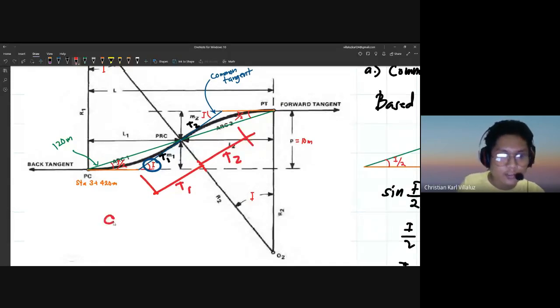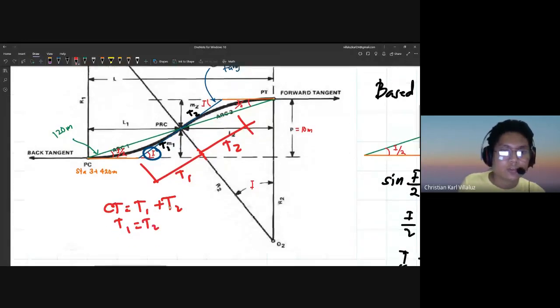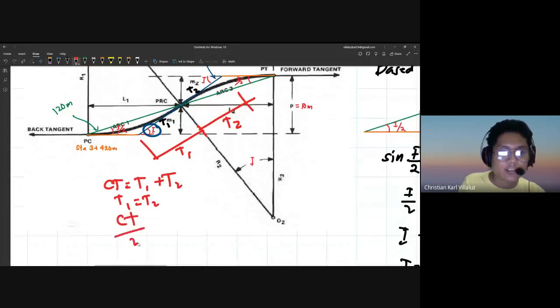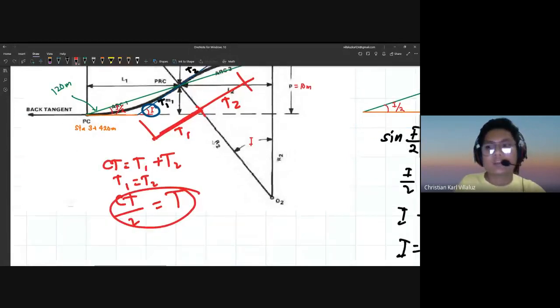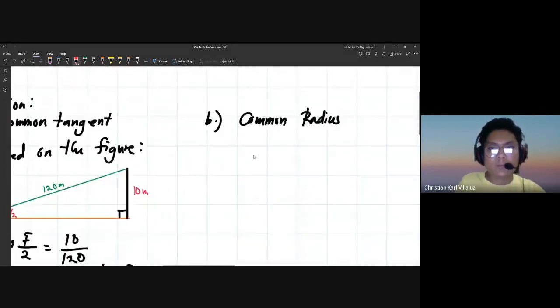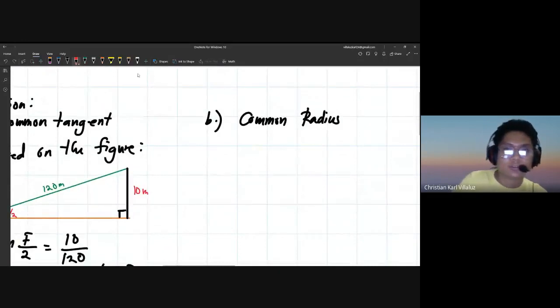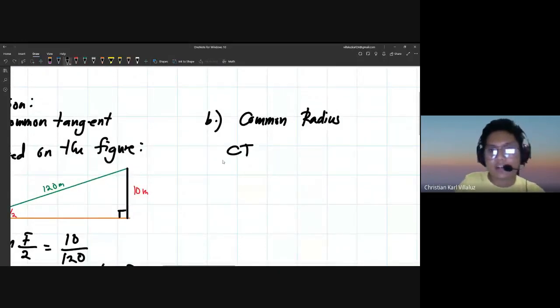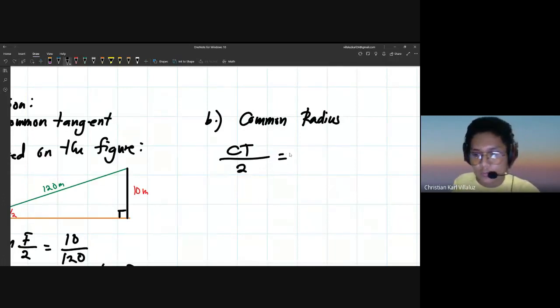So therefore, their common tangent is just T1 plus T2. Or since T1 is equal to T2, just divide CT by 2 in order for us to determine the tangent of a single curve. Kaya, for the common radius, just divide the common tangent that is determined earlier by 2.